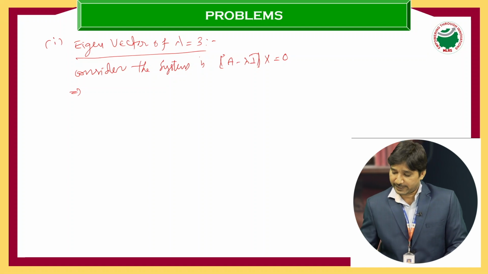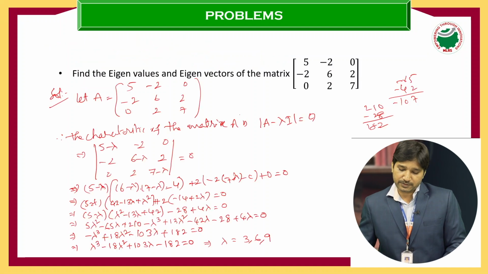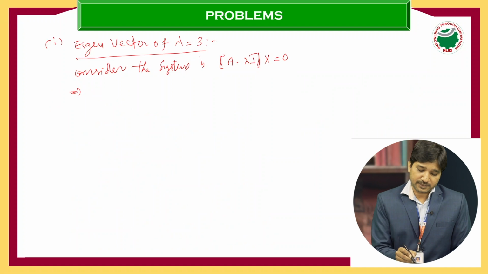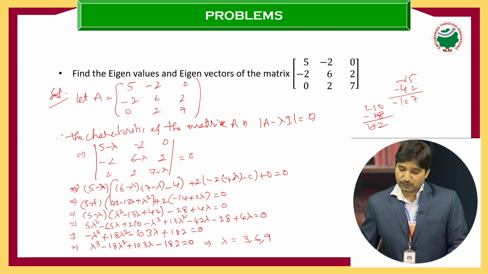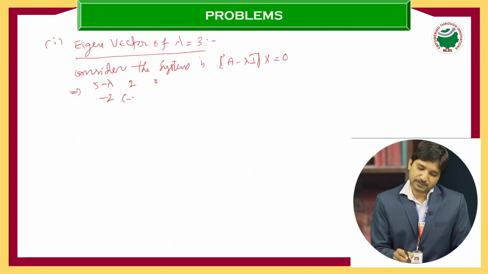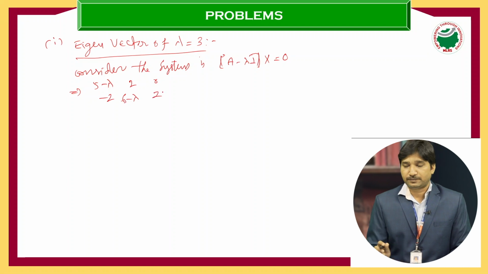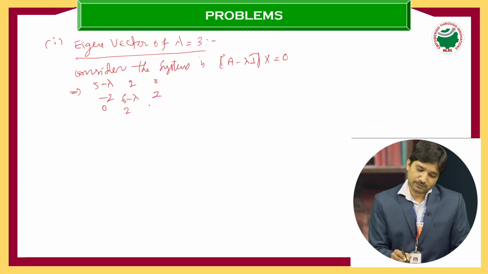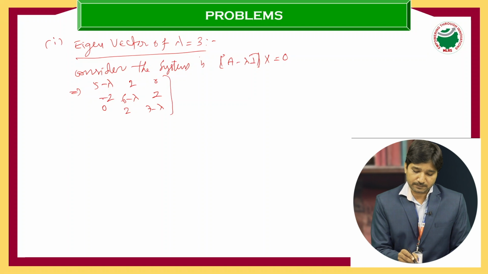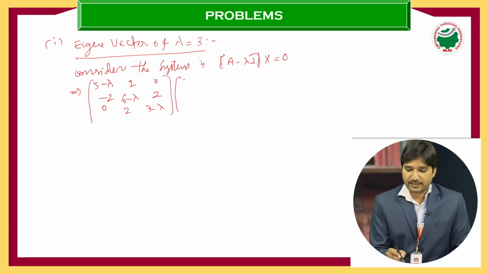The matrix is: 5 minus lambda, 2, 0; minus 2, 6 minus lambda, 2; 0, 2, 7 minus lambda; and the eigenvector we write as x1, x2, x3.